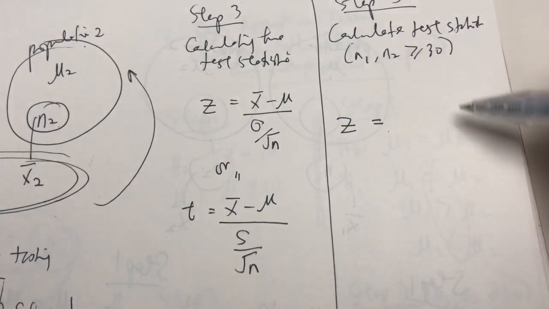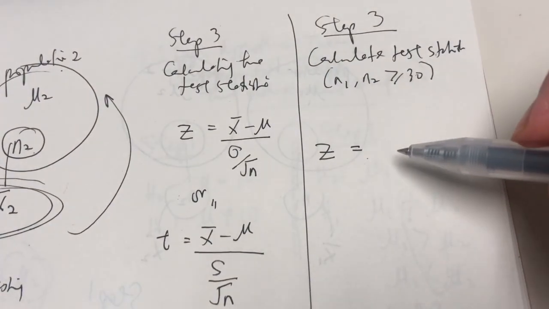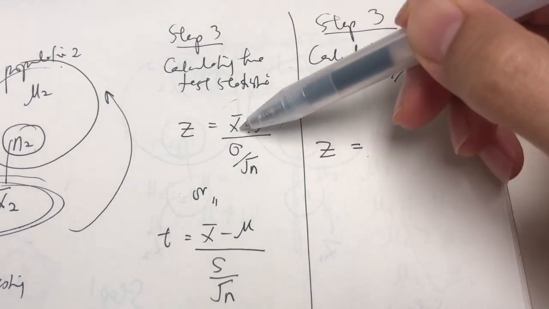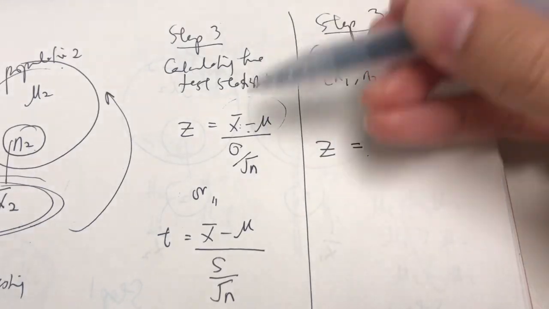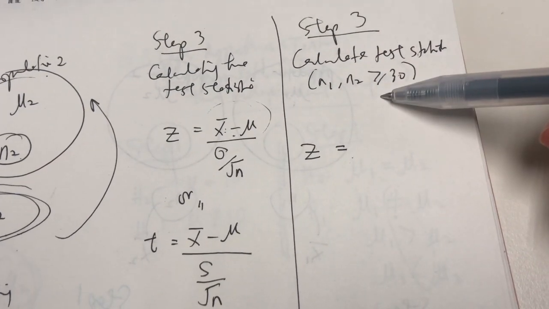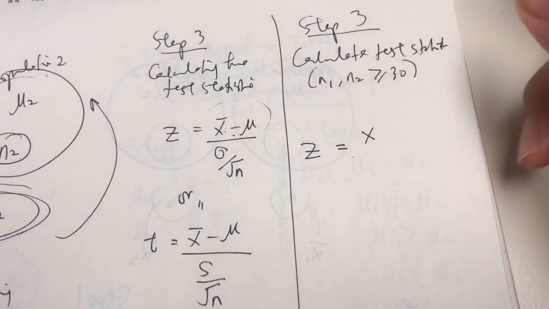So how do we write the test statistic for a 2-sample population mean test? Let's look at the numerator here. Here we only had 1 X bar, because it was only 1 sample. But now we have 2 sample means, so up here we just find the difference between the 2 samples.